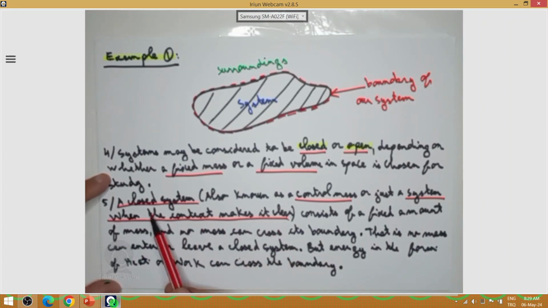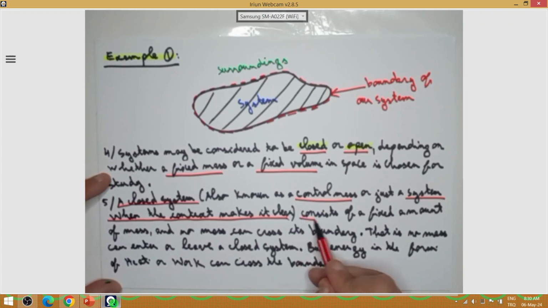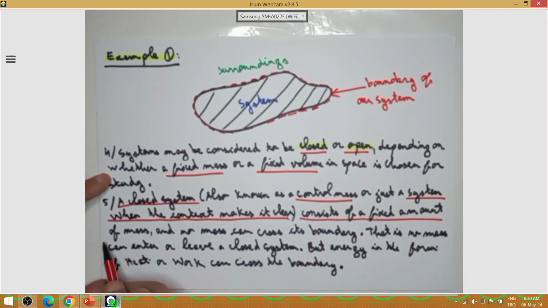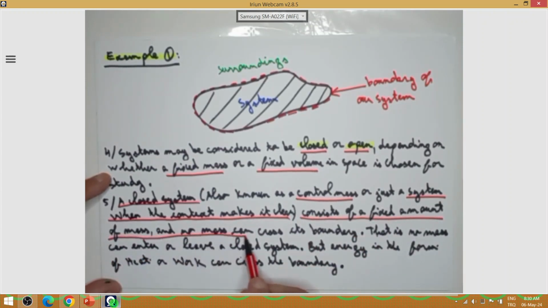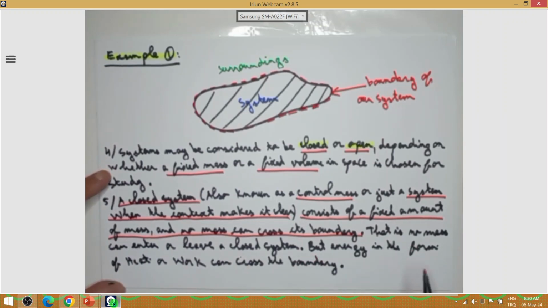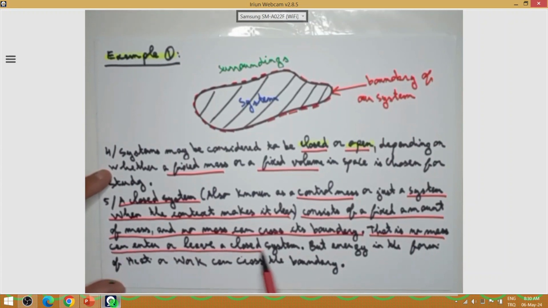So a closed system consists of a fixed amount of mass, and no mass can cross its boundary. That is, no mass can enter or leave a closed system.